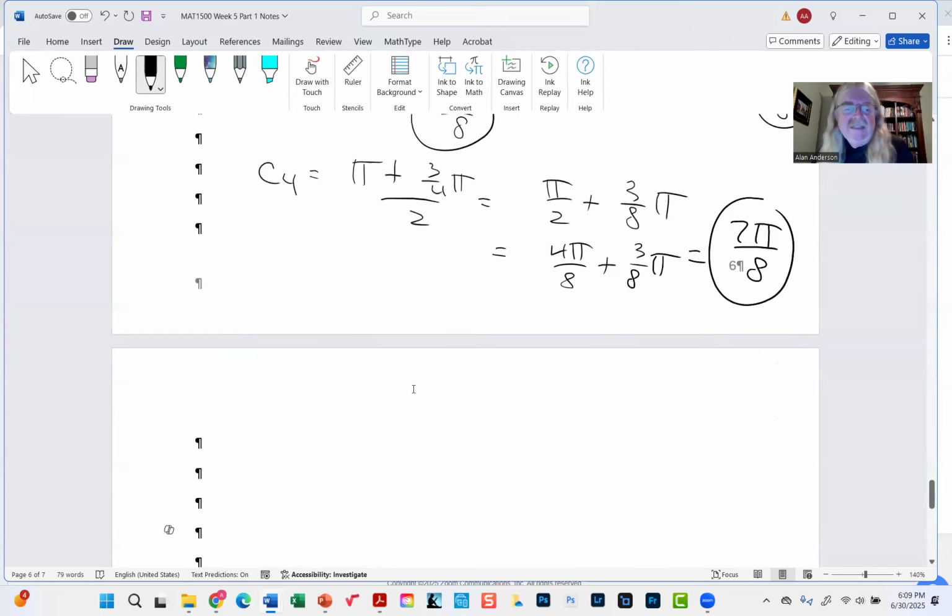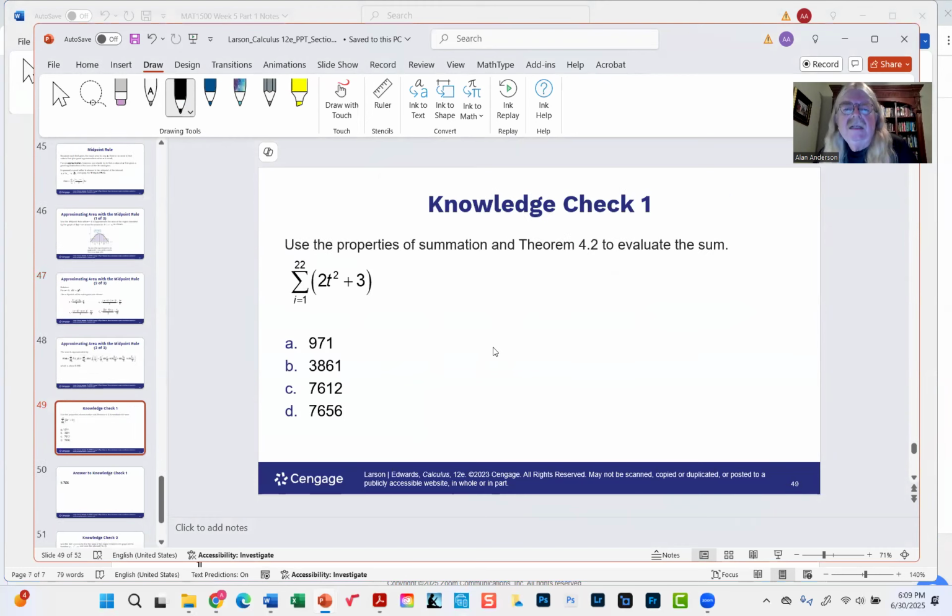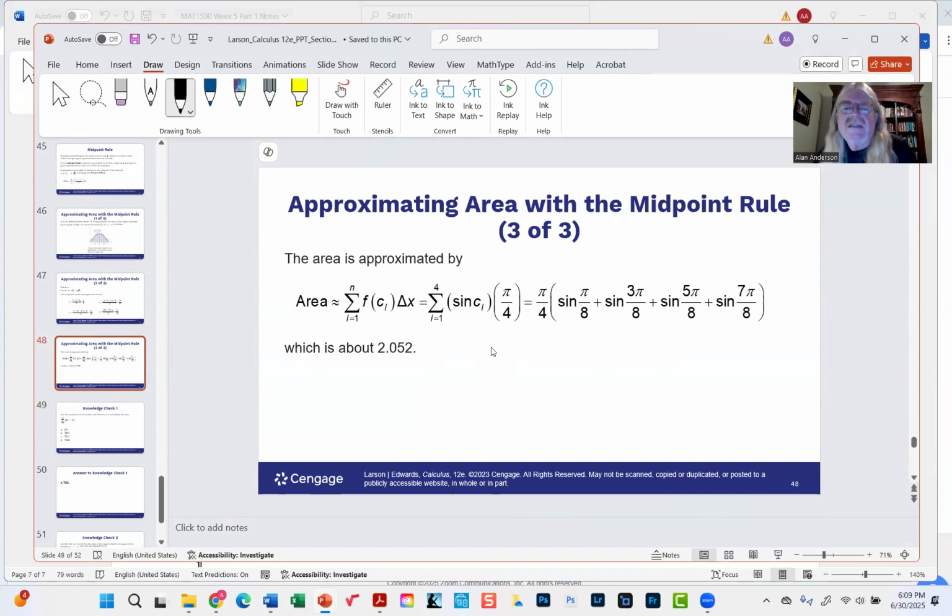Now, what they want us to do, oh, they already did it for us. Well, all right. Now we know how they got those. Now as you can see, this is a bit messy, but what we have to do in each case is take f of c for all four of them times delta x, which is pi over 4.